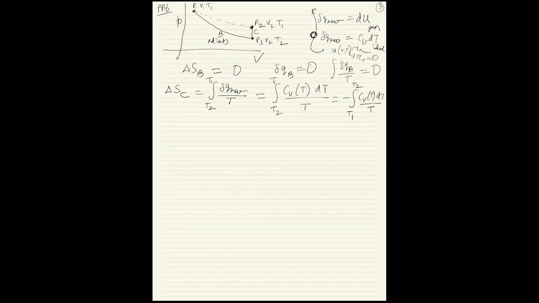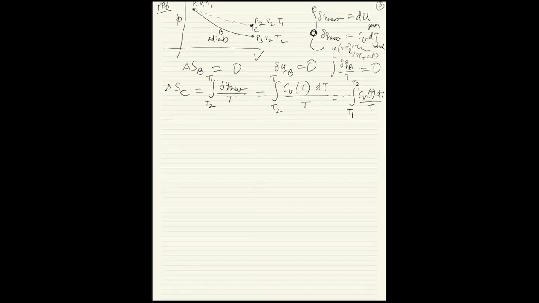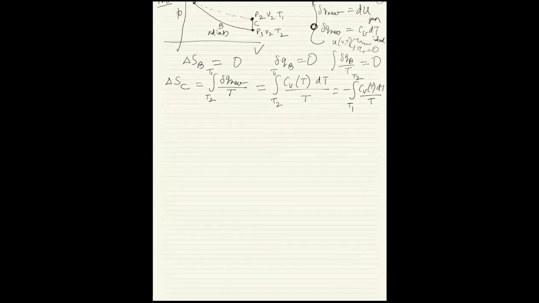Let's do that. In order to do that, we will focus on the adiabat. These PV diagrams are sometimes complicated because even though you are interested in studying the process C, you have to go back to the process B to get the value of T2. Let's see how we do that.